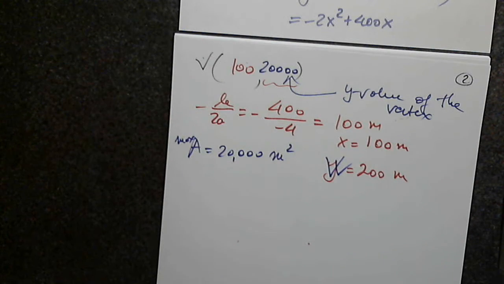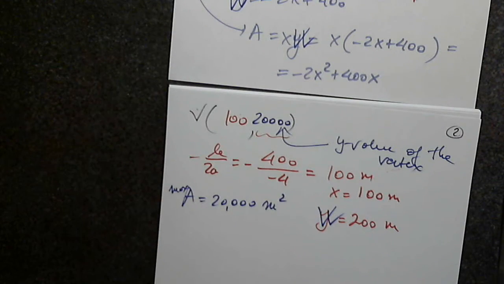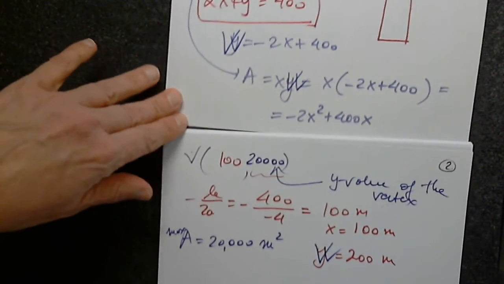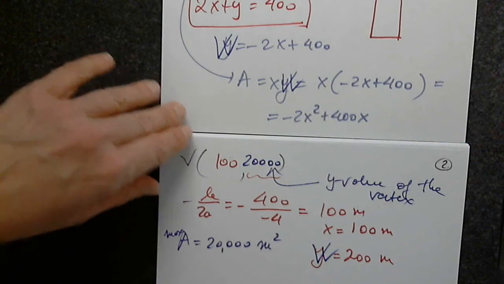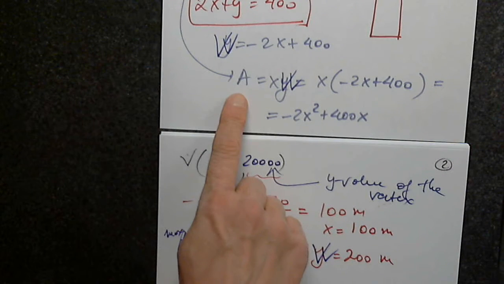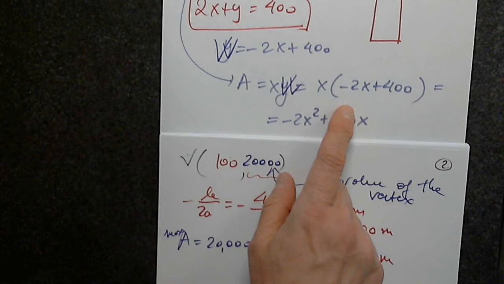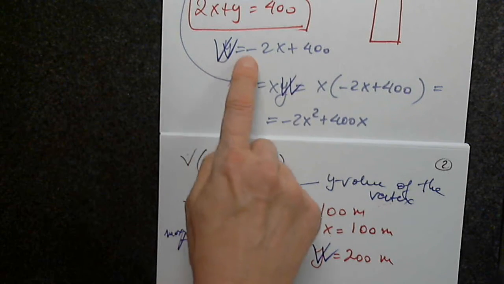The first step at the top, when you did area, length times width, when you did x and then parentheses negative 2x plus 4, is that just to show... This one? This x? I replaced w by this.